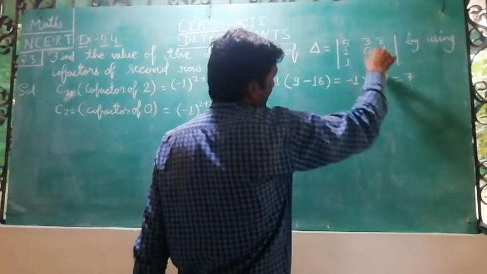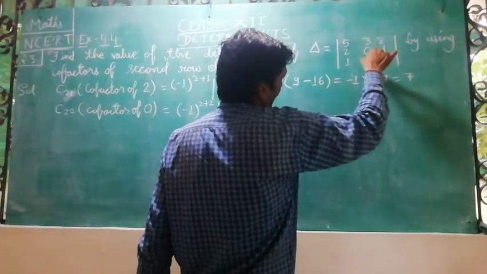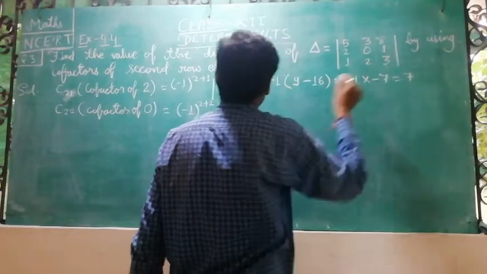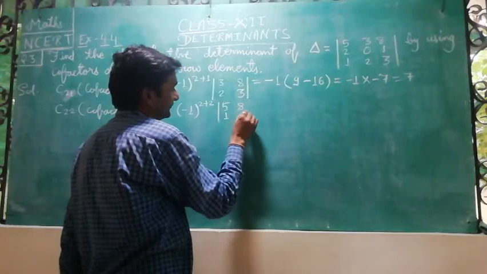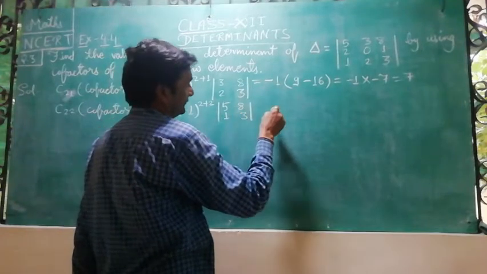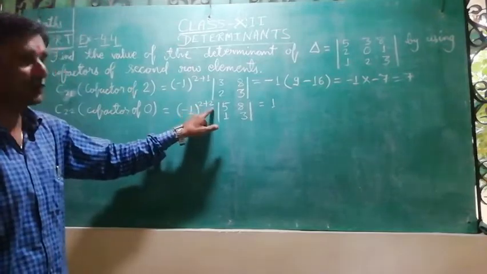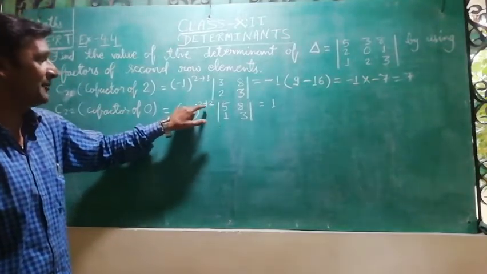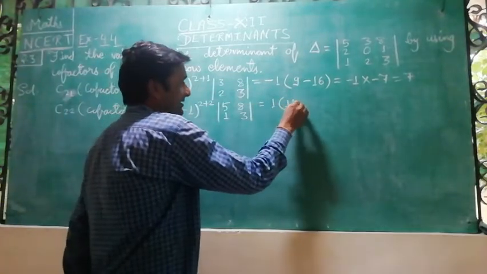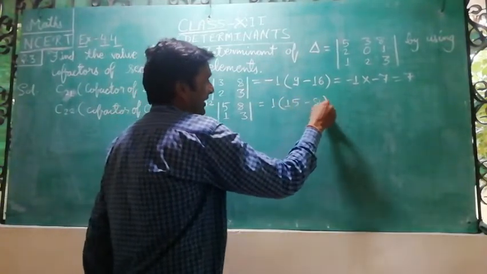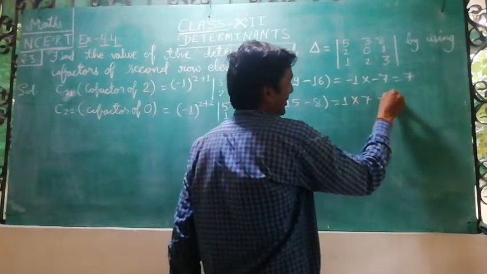Second row and second column will be eliminated, leaving 5, 8, 1, 3. It is positive 1 because 2 plus 2 is 4, an even number in the power. 5 threes are 15, minus 8 ones are 8. 15 minus 8 is 7. So 1 into 7 is equal to 7 only.